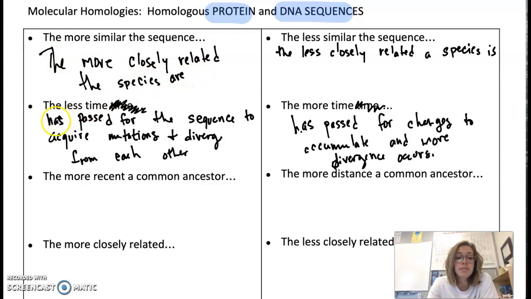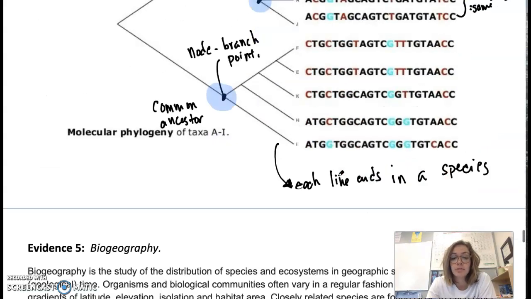And that really means that the less time has passed for the sequence to acquire mutations and diverge from each other. The less similar the sequence means that the species are less closely related, and that just means that more time has passed for changes to accumulate, and that means it's a more distant common ancestor and they're less closely related.